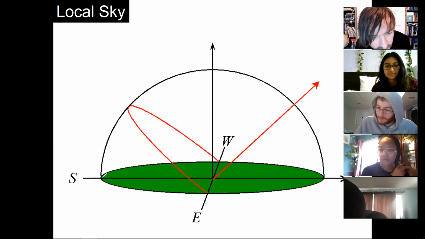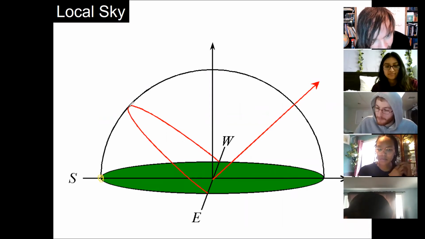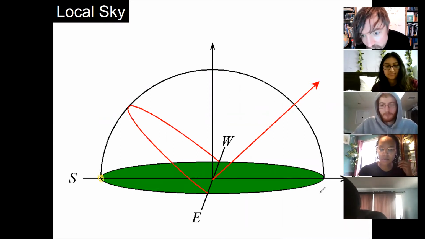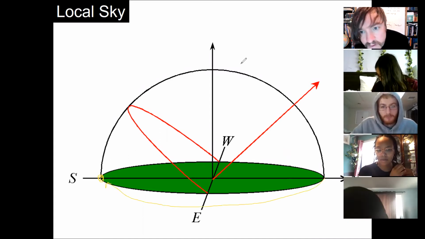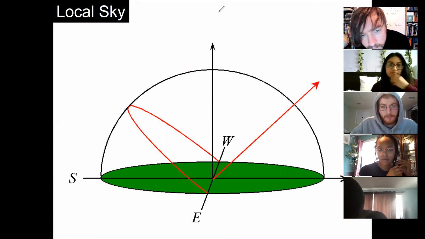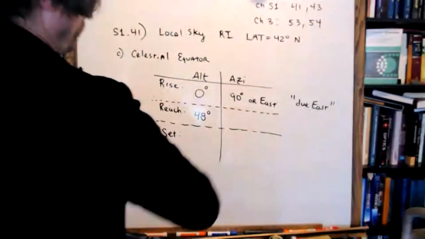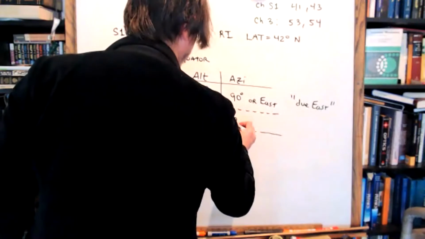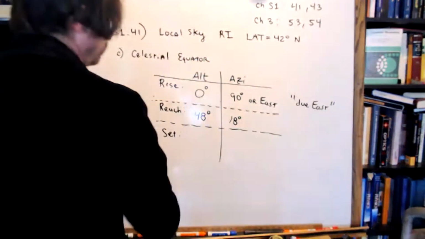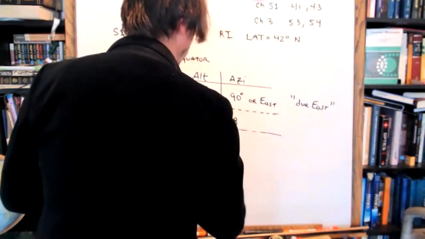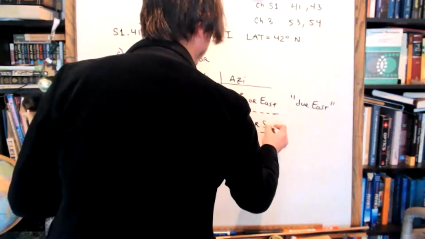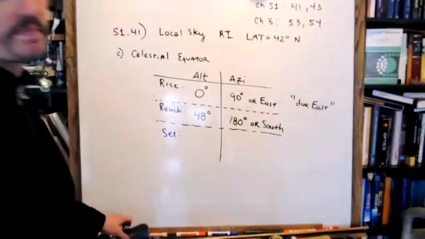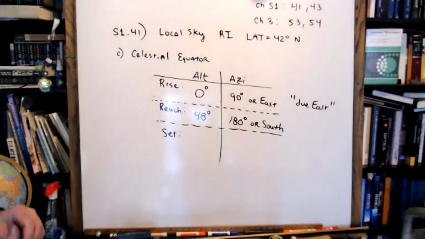She's recognizing that this is the closest point to that dot on the horizon, and then she's measuring 180 degrees clockwise from north. So we can write either 180 degrees, or we could even say south. I would accept either answer. I'm going to put both down.